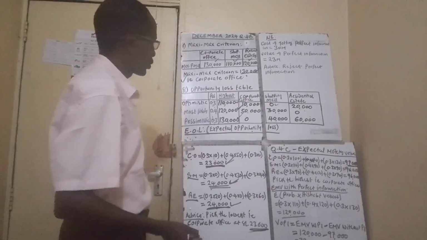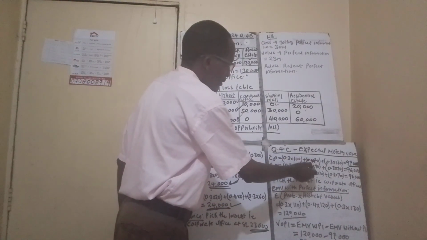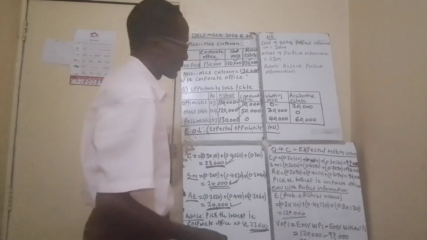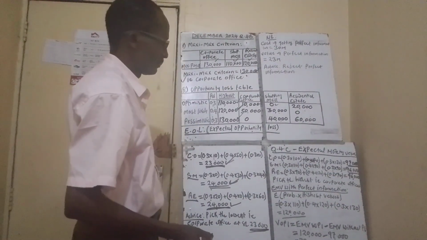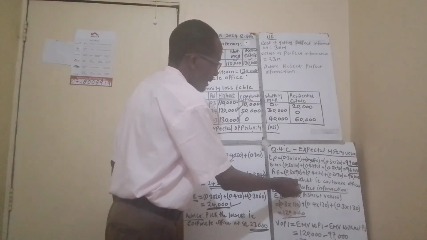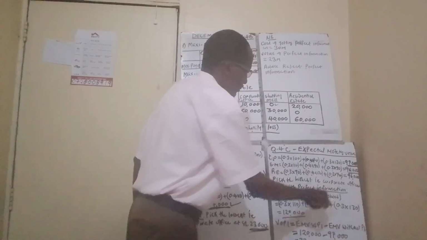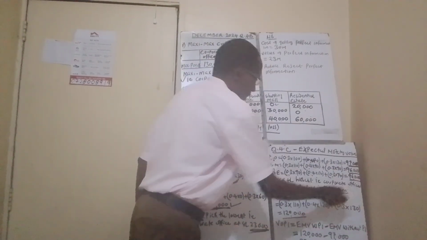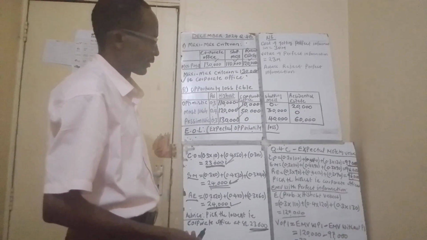Then for shopping mall, 0.3 times 110 plus 0.4 times 90 plus 0.3 times 90, we got 96 million. For residential estate, 0.3 times 90 plus 0.4 times 120 plus 0.3 times 70, we got 96 million.